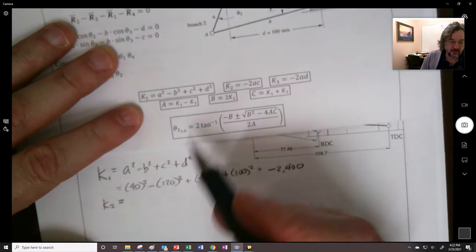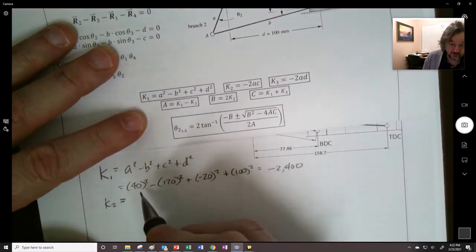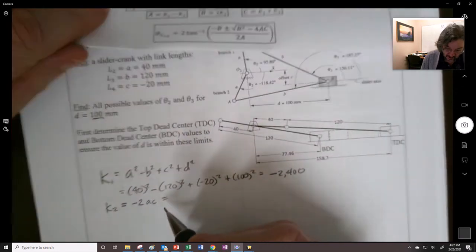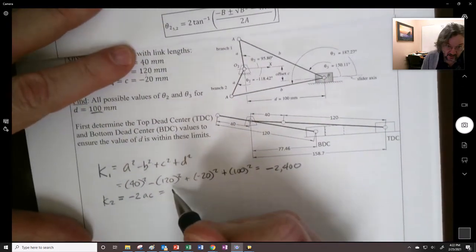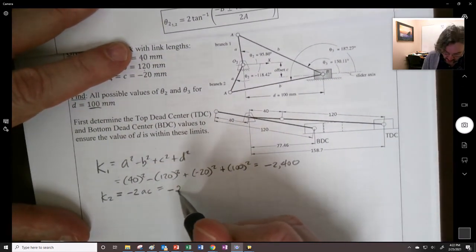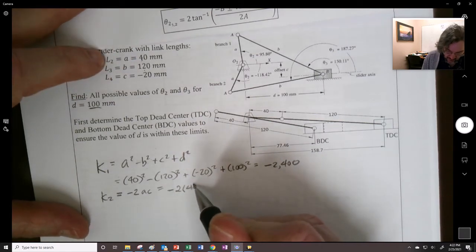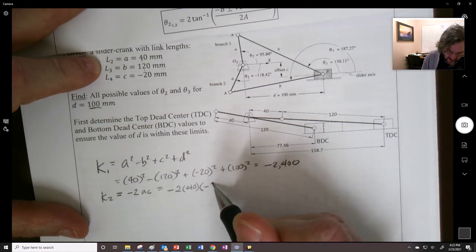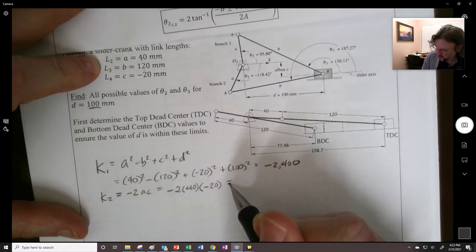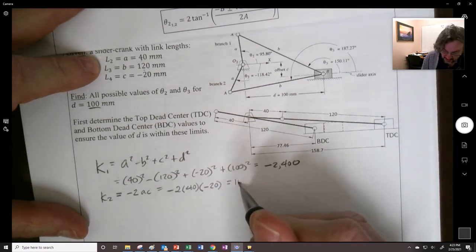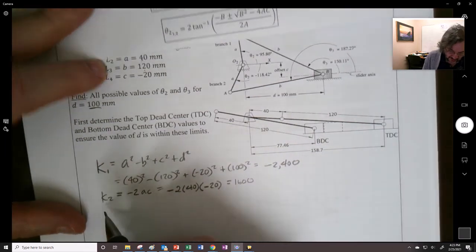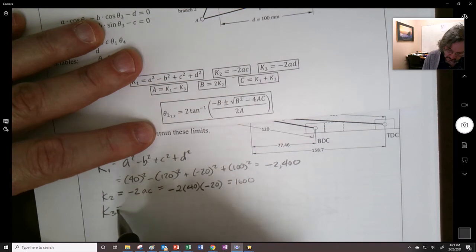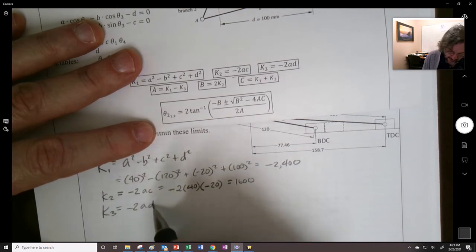Okay, now K2 is going to be negative 2AC right there. So we find negative 2A is 40 and C is going to be negative 20, right? So we get 1,600. Then we get K3, negative 2AD.